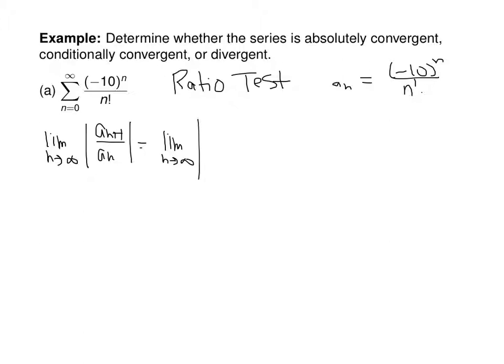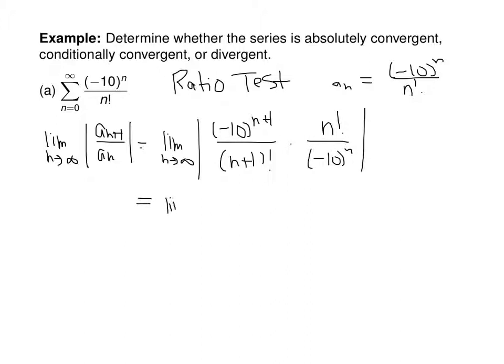Now inputting n plus 1, we'll have negative 10 to the n plus 1 all over n plus 1 factorial, multiplied by n factorial over negative 10 to the n. So that's the limit as n goes to infinity of negative 10 to the n times negative 10. n plus 1 factorial is n plus 1 multiplied by n factorial.